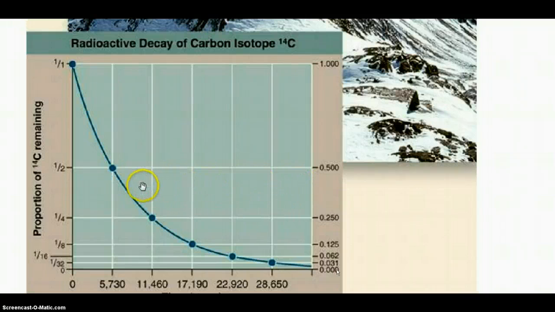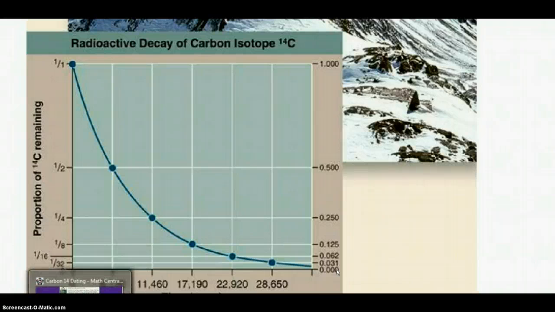We'll go over to about there, and then we would go down to about here. So maybe 8,000 years old. We would be guessing that that's how you would use this graph.